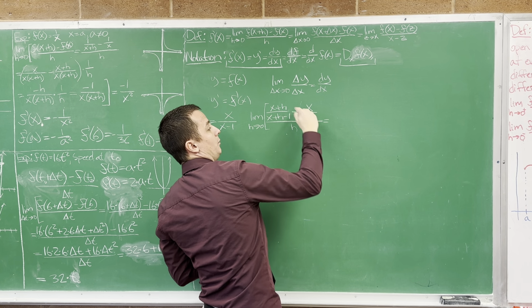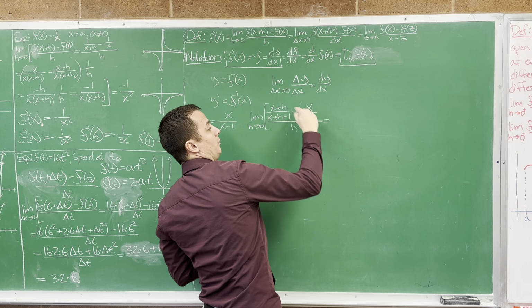So I rewrote this term, multiplying it top and bottom by x minus 1. Minus this term, I need to multiply top and bottom by x plus h minus 1. So that's going to be x times x plus h minus 1, all over x minus 1 times x plus h minus 1. And we take that whole thing and multiply it by 1 over h, which is the same thing as dividing it by h.